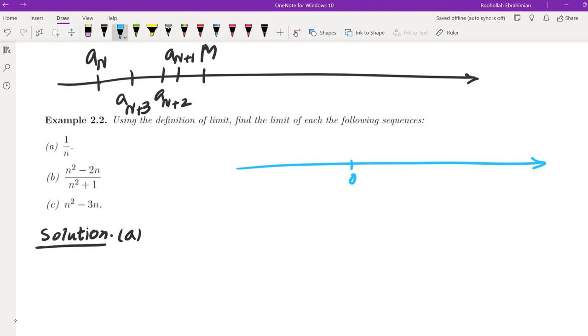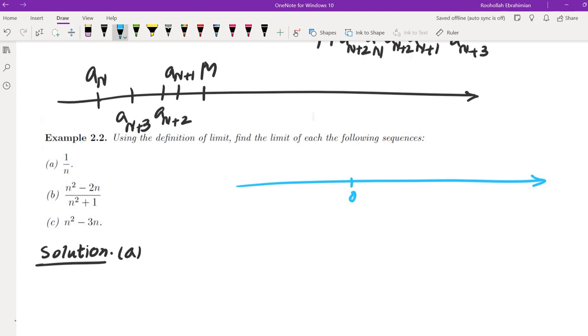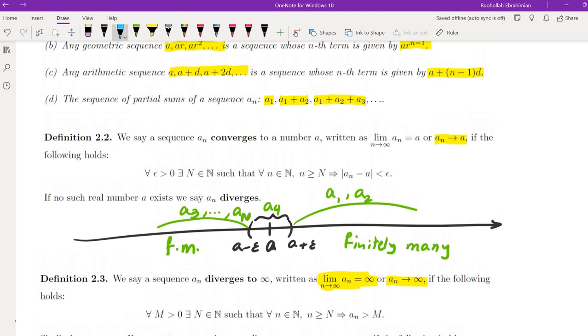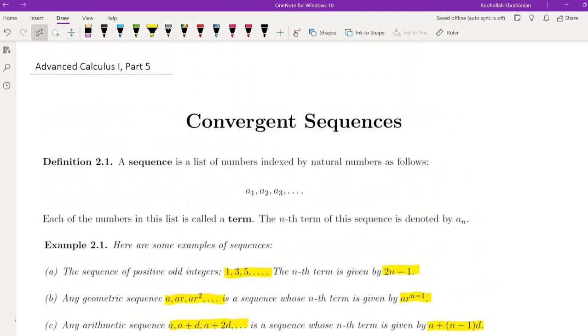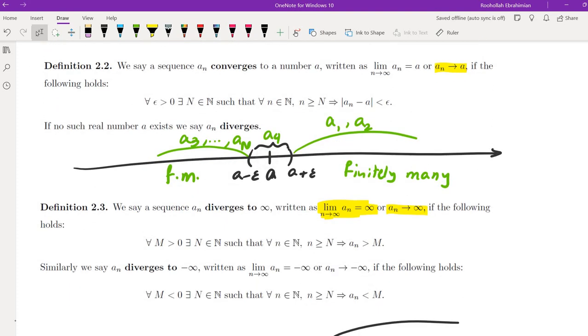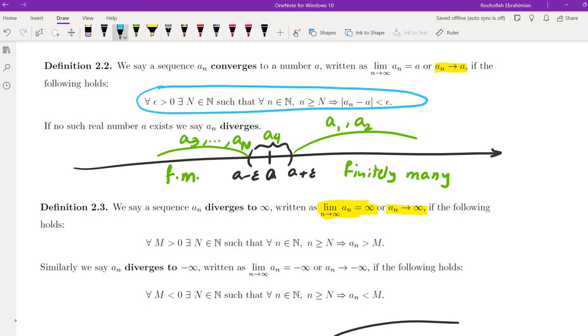So let's see what we need to prove. Let's look at the definition of the limit, the definition of converging to A. For every epsilon positive, there is an N such that for every n greater than or equal to N, the absolute value of a_n minus A is less than epsilon.